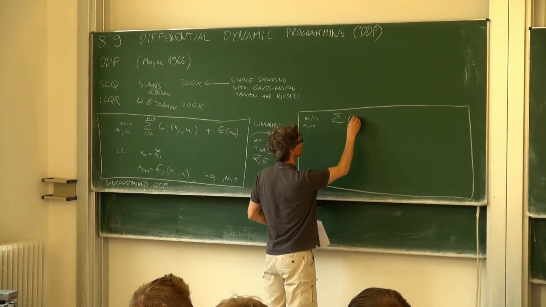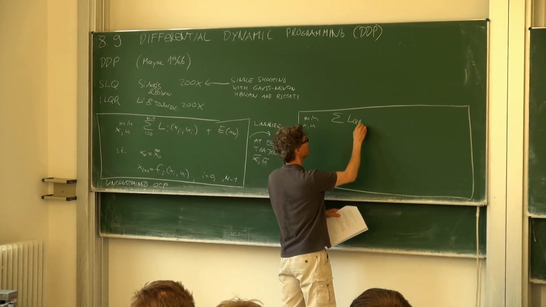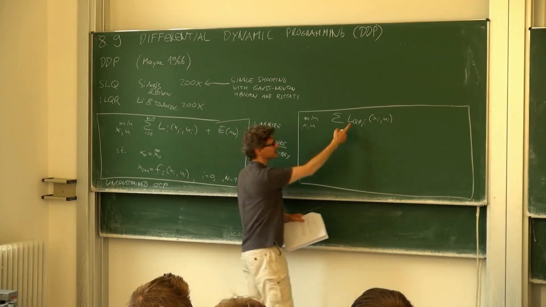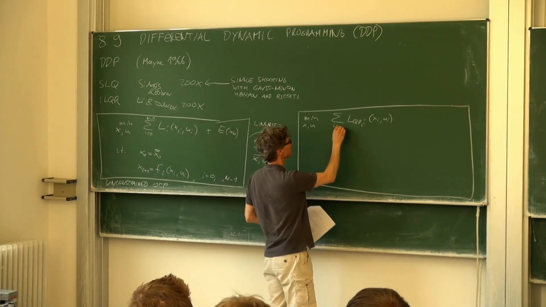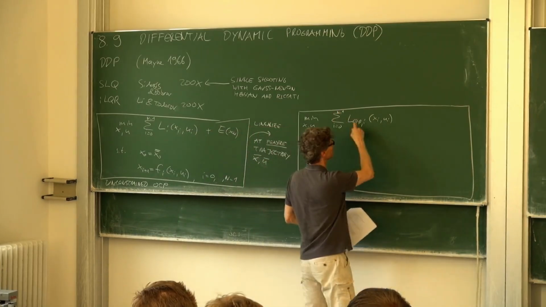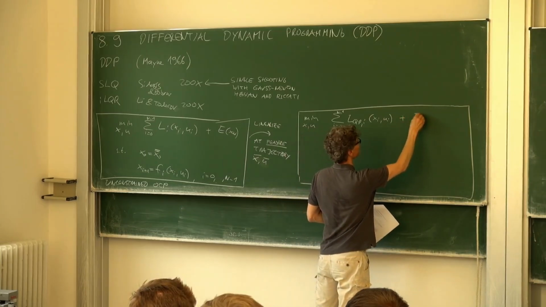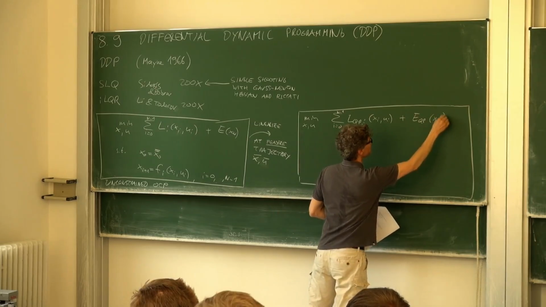So I call these L, maybe I give the upper or lower index, QP i at x_i and u_i. So these depend, of course, on the linearization and on the way of Hessian approximation and so on. So this is quadratic terms plus a quadratic term which I call E_QP. Yeah, so it's also quadratic of x_N.